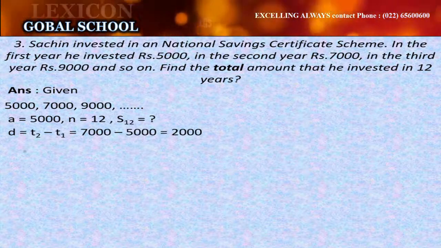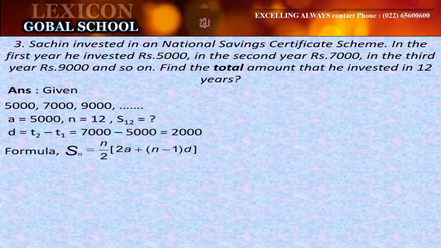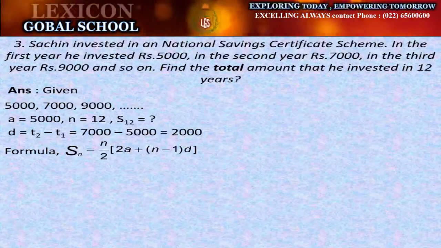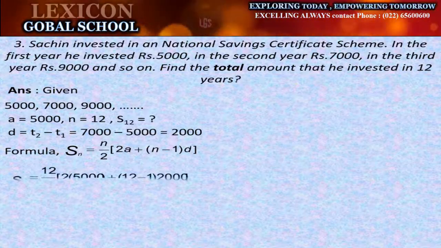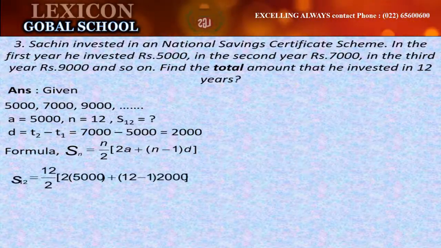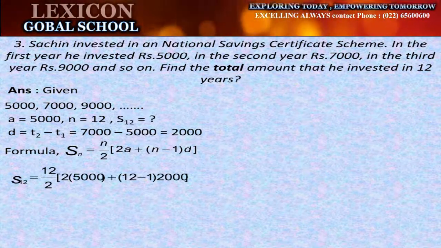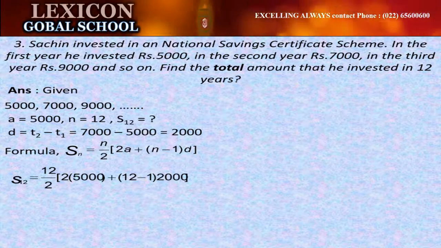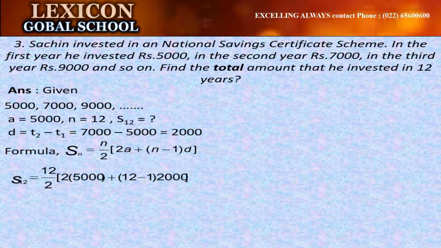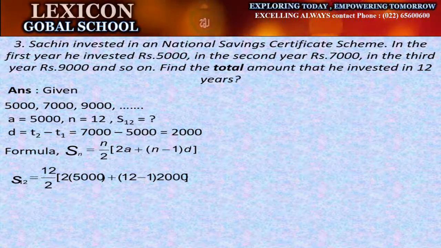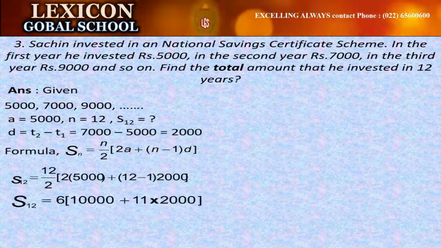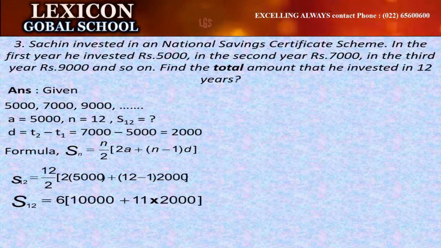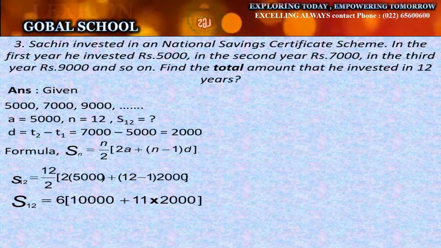Let us substitute these values in the formula of Sn. Therefore, S12 is equal to 12 upon 2 into, 2 into A, that is 5,000, 2 5s are 10,000, plus 12 minus 1 into 2,000, since your difference is 2,000. 12 divided by 2 will give me 6.